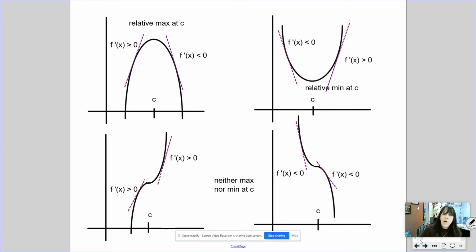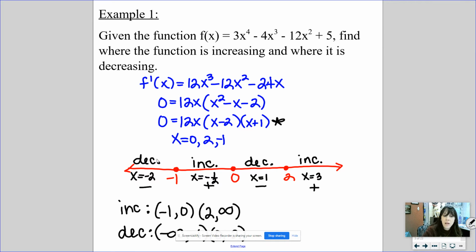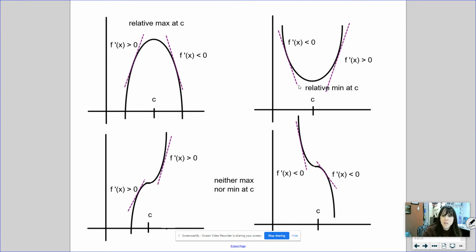Now, how does that relate to maxes and mins? Well, when a function's increasing and then it switches to decreasing, that tells you what's going on in between. If we go back a second, our function at the beginning was decreasing, and then it switches to increasing. That means the graph was like this one at the top right. It was going down, and then it switches and starts going up.